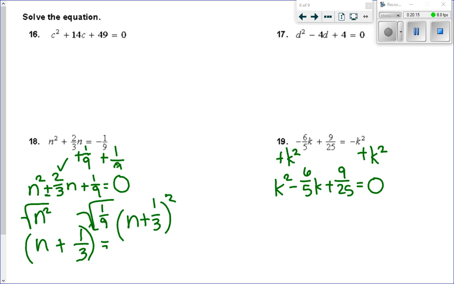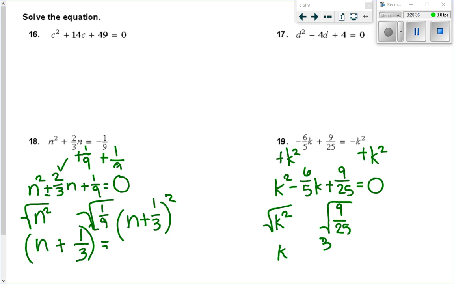GCF, I can't take anything out of any of those, but I see I can take the square root of k squared. I know that 9 is a perfect square. I know that 25 is a perfect square. So I can take the square root of 9 25ths. That will give me k.